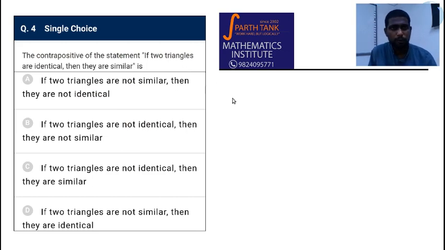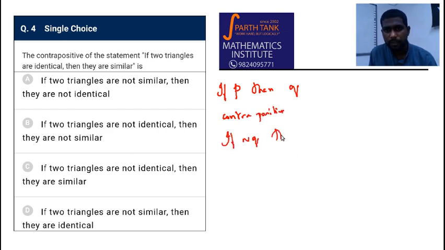Alright, question number 4. The contrapositive of the statement, if two triangles are identical then they are similar, is. Okay. Remember, the contrapositive of if P then Q is if not Q then not P. For us, P is two triangles are identical, and Q is they are similar.